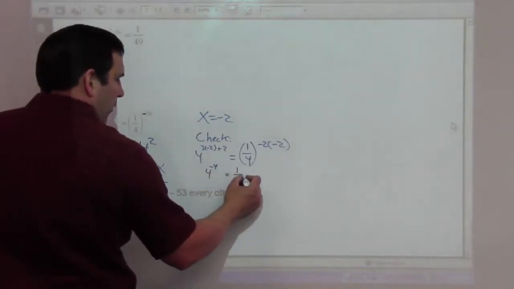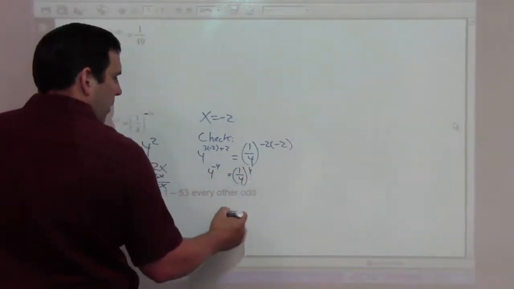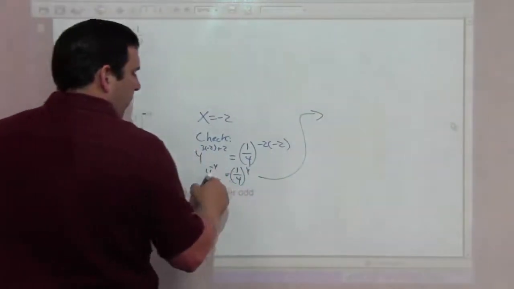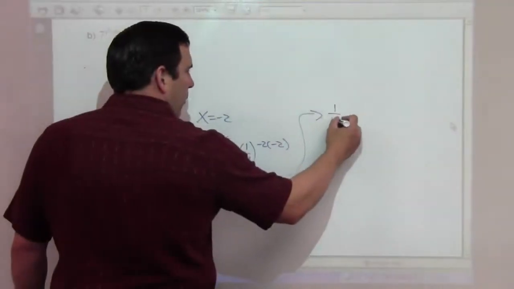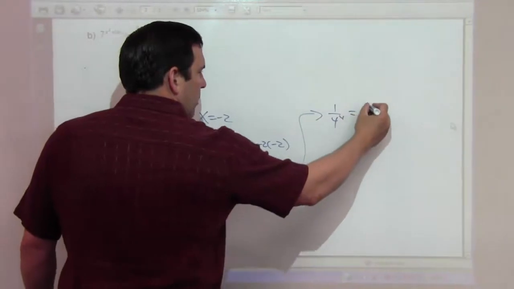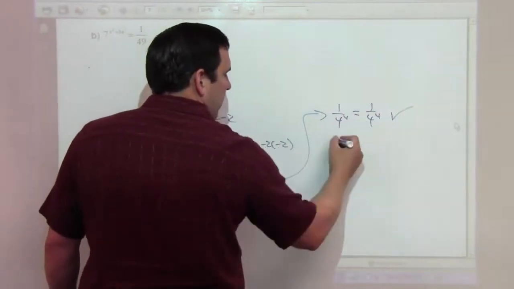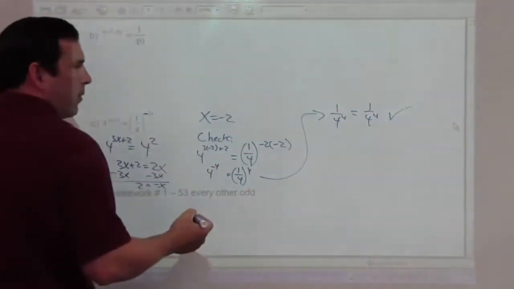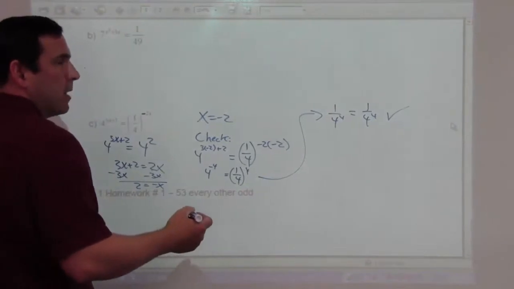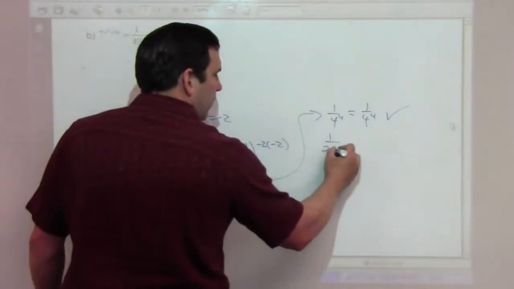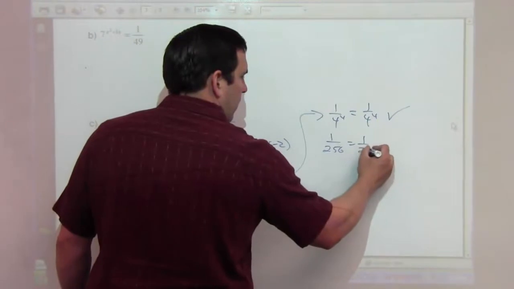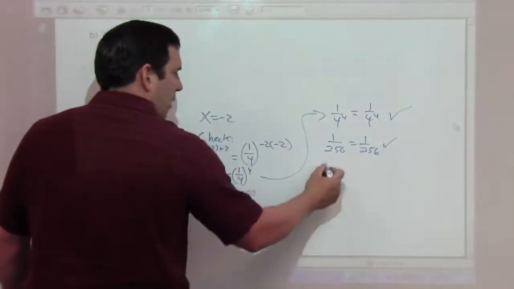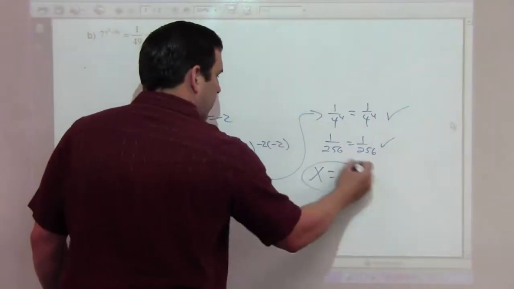That's going to be equal to 1 over 4 to the 4th power. 4 to the negative 4 is 1 over 4 to the 4th, equals 1 over 4 to the 4th. That works. And if you want to go a step further, 4 to the 4th is, I think, 256. So x equals negative 2.